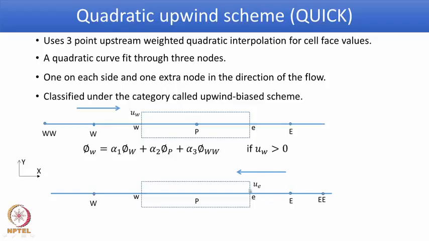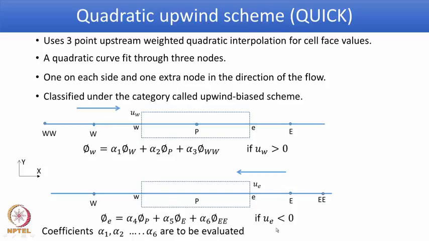Now, we want to find the variable on the face E. In such a case, the expression is as shown here: for phi at E, on this face you have 2 neighboring nodes, one at E, another one at P, and one more node upstream in the direction of the flow, that is EE.